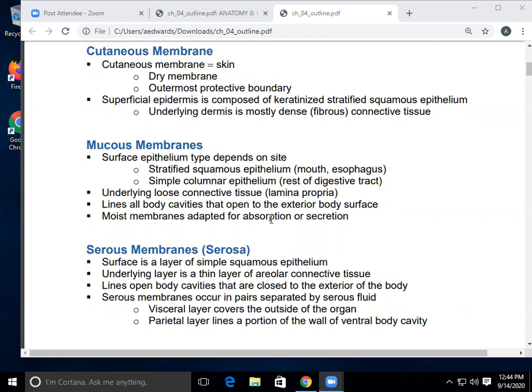So basically you have a visceral layer that covers the organ itself, then you've got a layer that lines the body cavity. Like a layer that covers your lungs, okay, it covers the lungs themselves. Then you've got a pleural cavity, which is lined by the parietal pleura. Okay, so this surrounds the lungs.